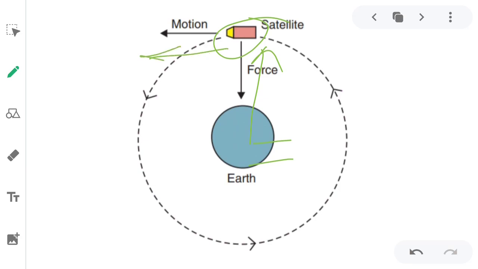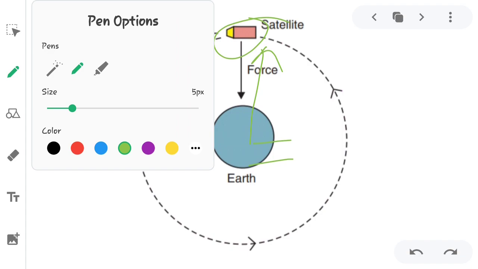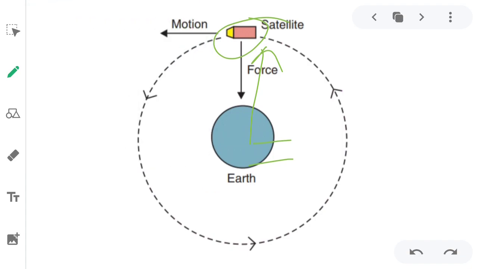Which angle can you see over here? Which angle do you see? This is a right angle, isn't it? As it is a right angle, the work done becomes 0.